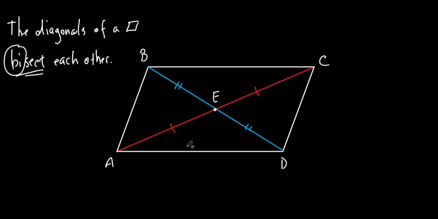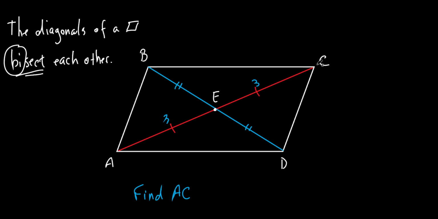That's super important. So again, you know what I'm going to do on a quiz or test, don't you? I might give you this. What if I told you that AE was 3 and I asked you to find AC? Look, from A to E is 3. And then from E to C would also be 3.